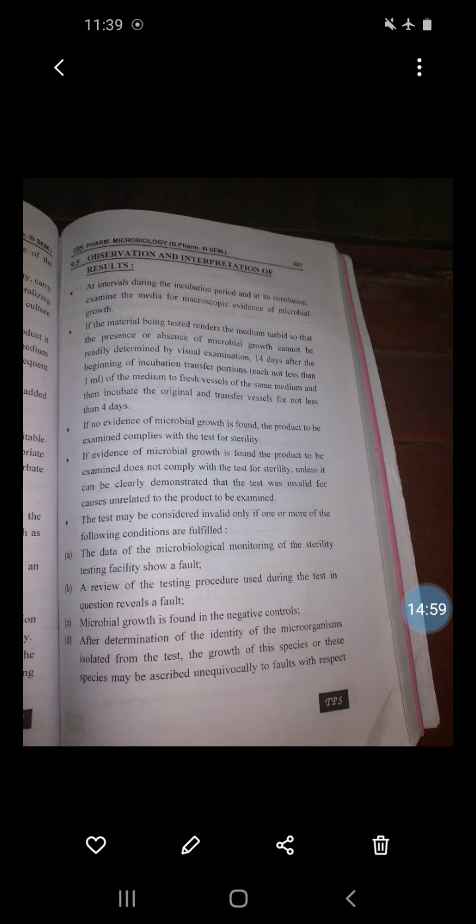Then the test may be considered invalid only if one or more of the following conditions are fulfilled. First, the data of the microbiological monitoring of the sterility testing facility show a fault. Second, a review of the testing procedure used during the test in question reveals a fault.